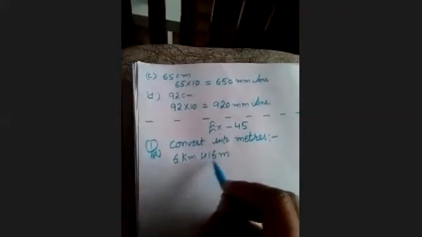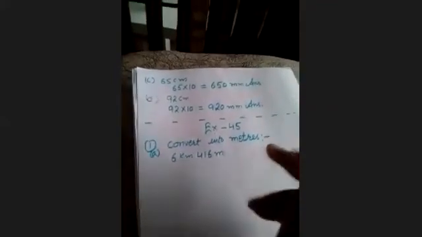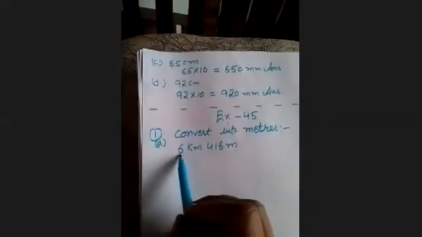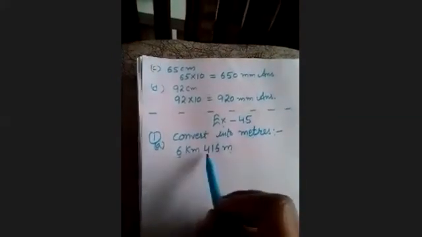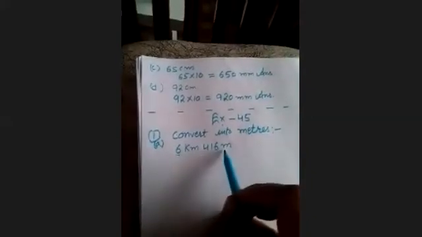Now convert 6 kilometer and 416 meters into meters. So in this question, students, first we will convert 6 kilometer into meters. Then add 416 as it is, because 416 already in meters.